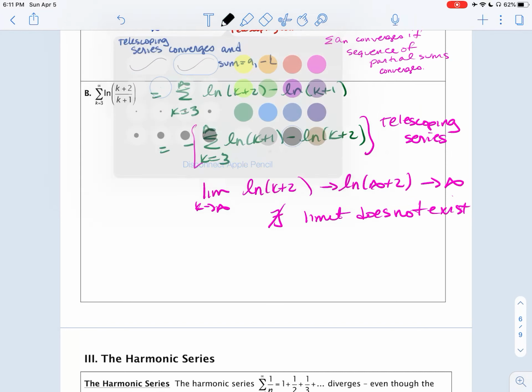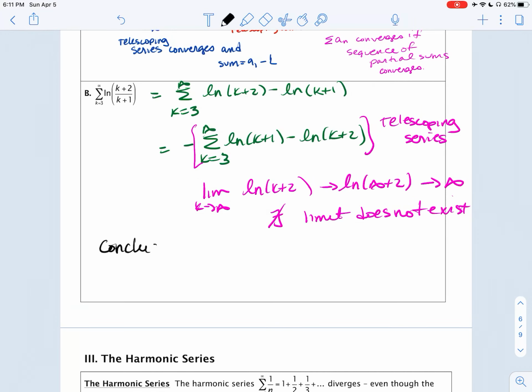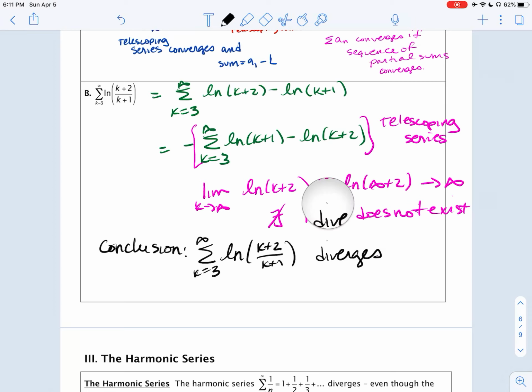So our conclusion here then will be my series, the sum from k equal to 3 to infinity of ln of (k plus 2) over (k plus 1), diverges, because the sequence of partial sums for that will diverge as well.